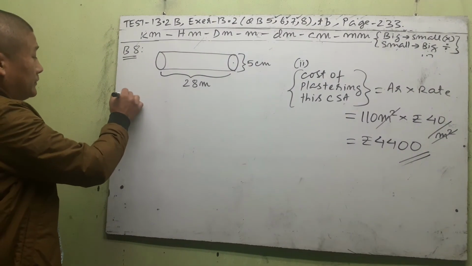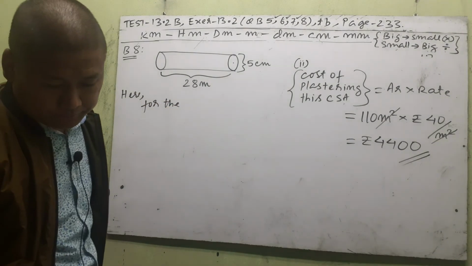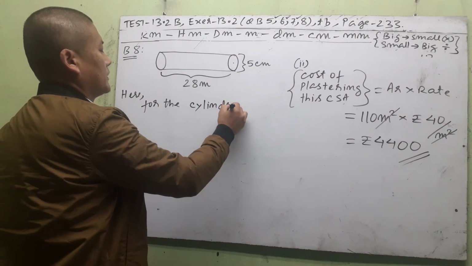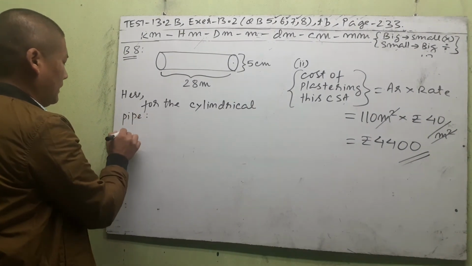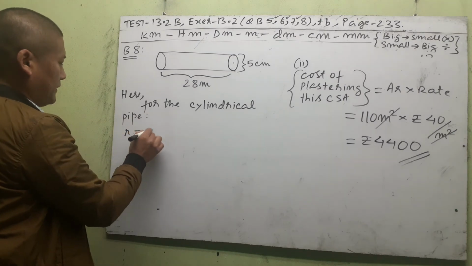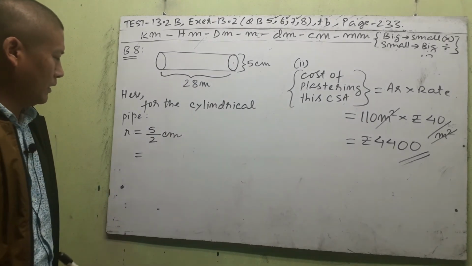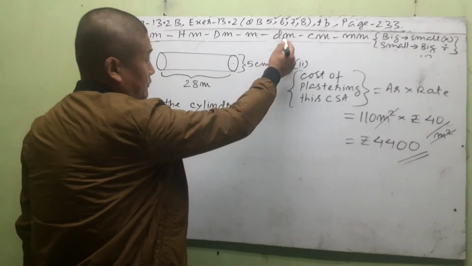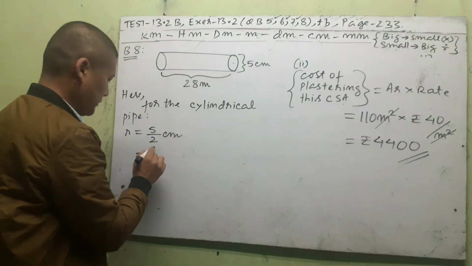So here, for the cylindrical pipe, the radius is the diameter 5 divided by 2 centimeter. Changing centimeter to meter means 2 places to the left, and small to big, so divide by 2 zeros.